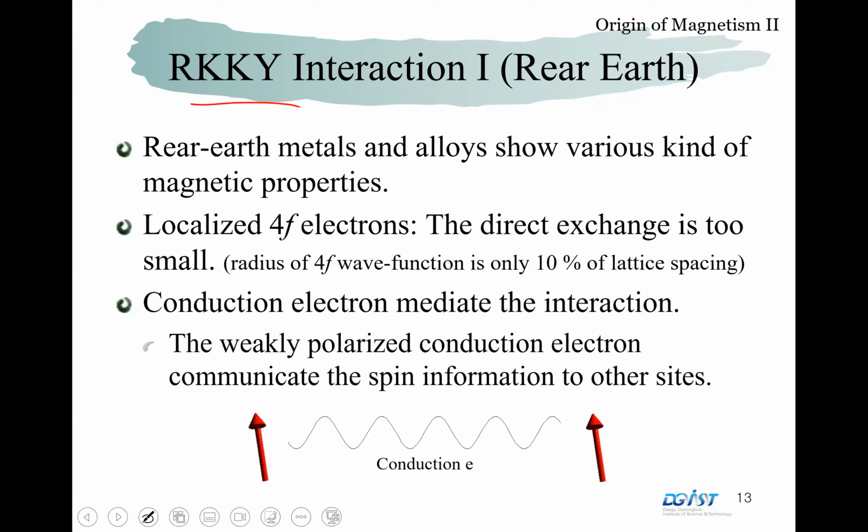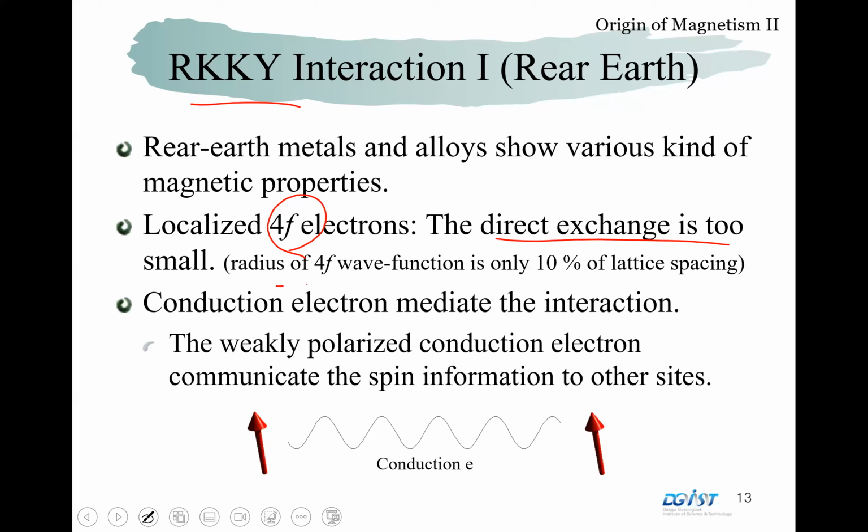And in rare earth materials, we know they have 4f electrons, instead of the 3d electrons for iron or cobalt or nickel. And 4f electrons are more localized, more well localized. Then direct exchange coupling between nearest rare earth atoms is too small to explain the experimental data.